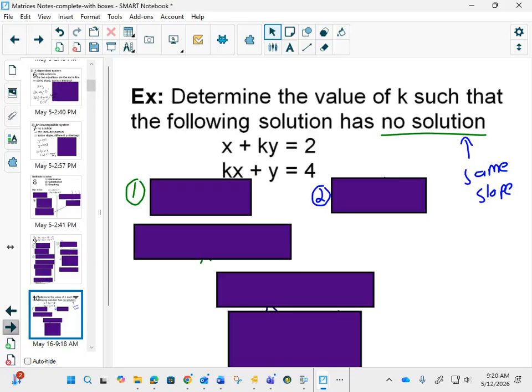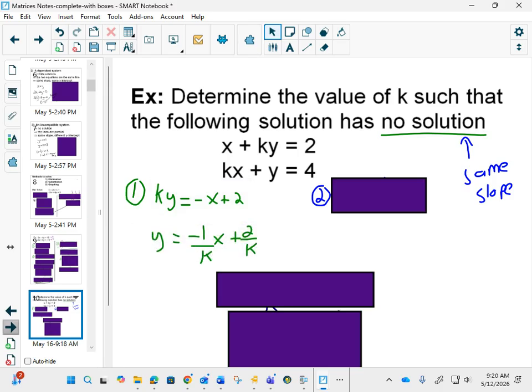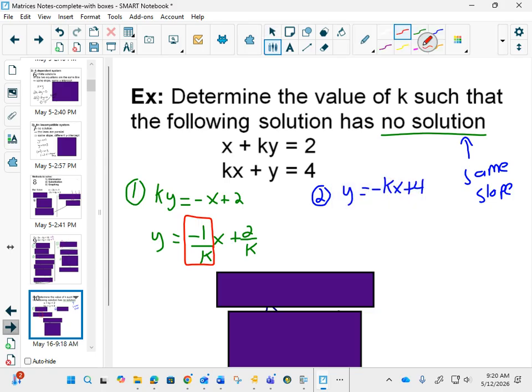If I rearrange equation 1 to y = mx + b, then this part here is the slope of that equation. And if I arrange equation 2 to y = mx + b, then that part would be my slope.